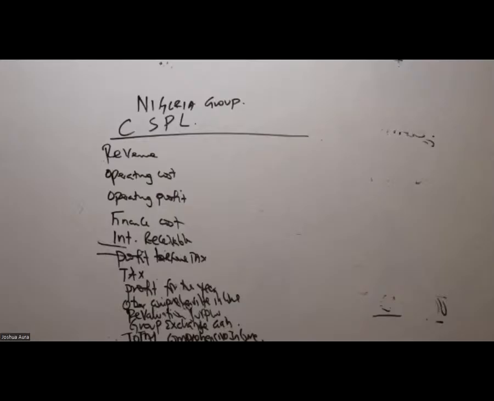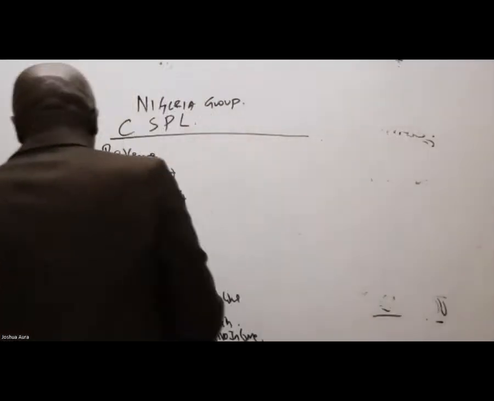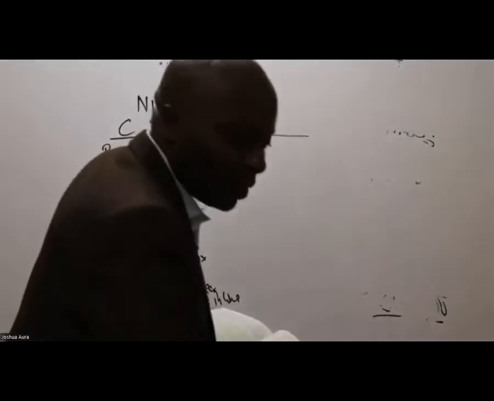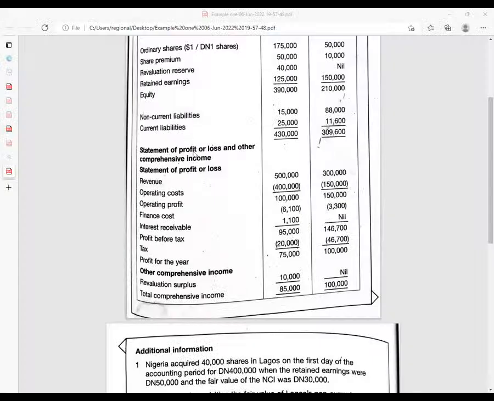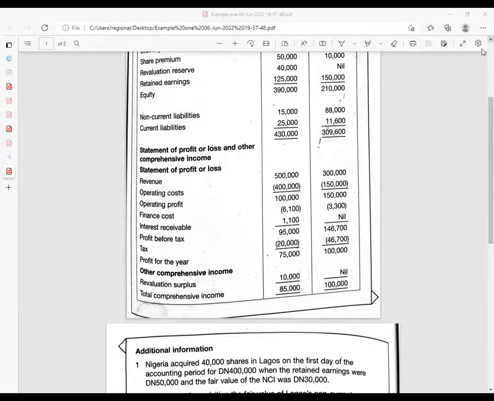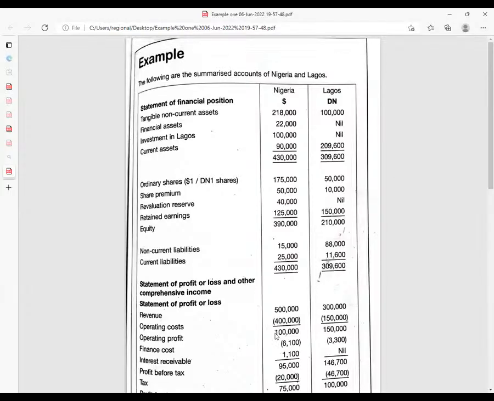Thank you very much. So we start with revenue. What do I do with revenue? I'll pick the one of 500,000, plus this 300,000, which, remember, is in DN. So I need to change this. How do I exchange this 300,000 to dollars?